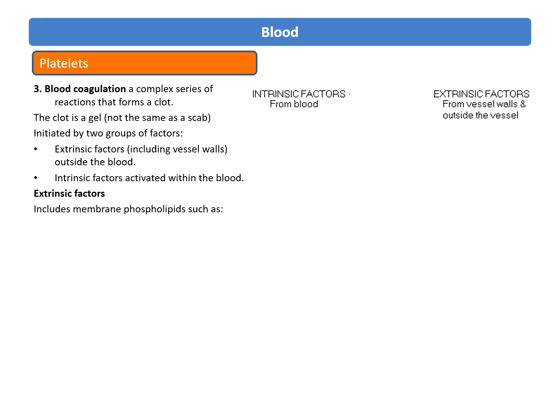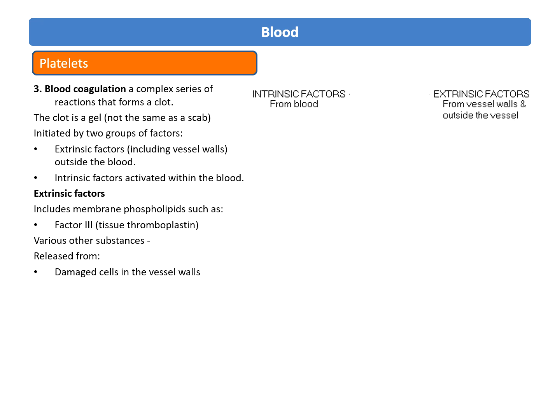The extrinsic factors include membrane phospholipids, like one called factor 3 or tissue thromboplastin. There are various other substances released from damaged cells in the vessel wall or damaged tissues outside of the vessels. The extrinsic factors may be due to injury or surgery.